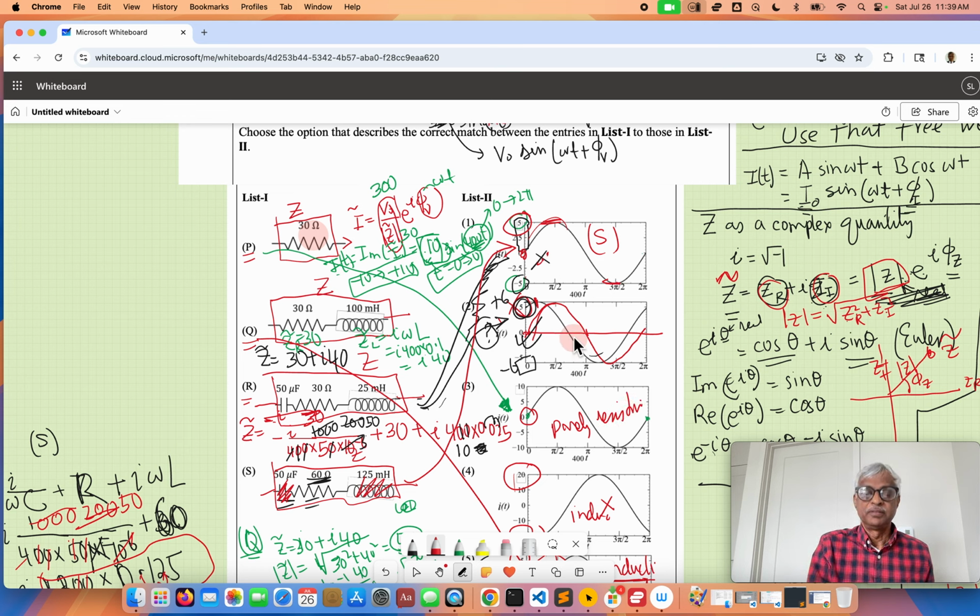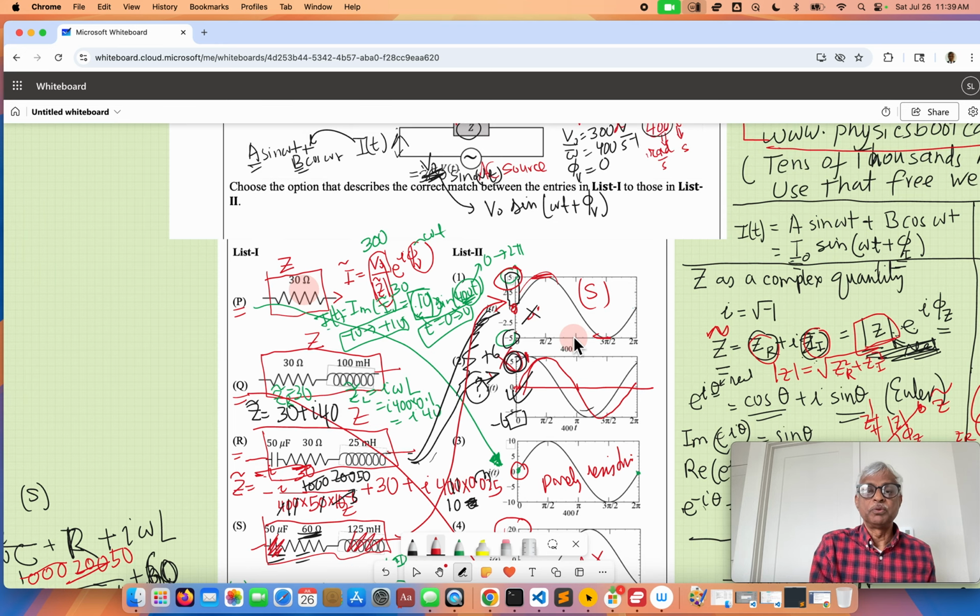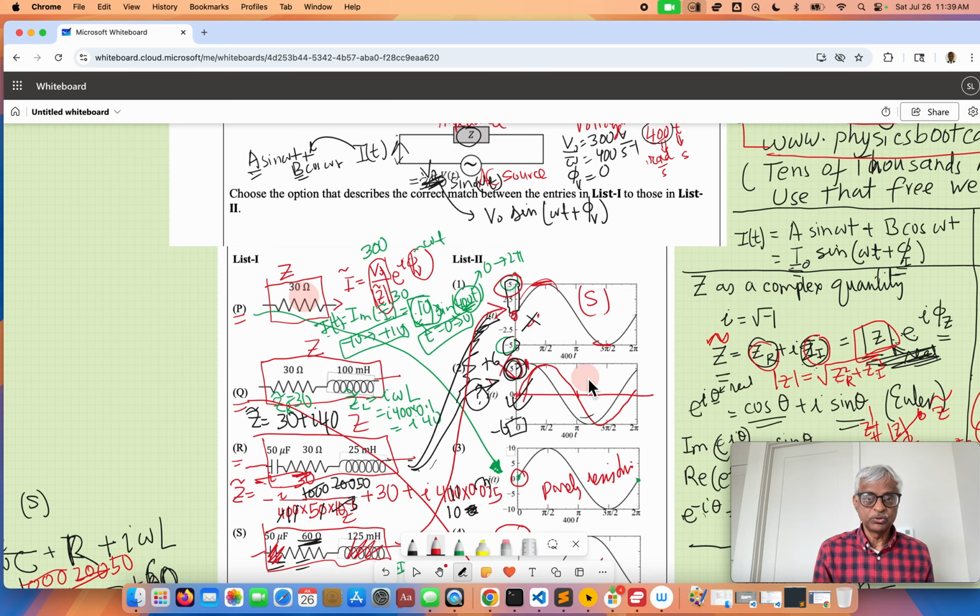If you work out the same way, ELI the ICEman, this is like the ICE thing, so this will be capacitive, and this will be just resistive.